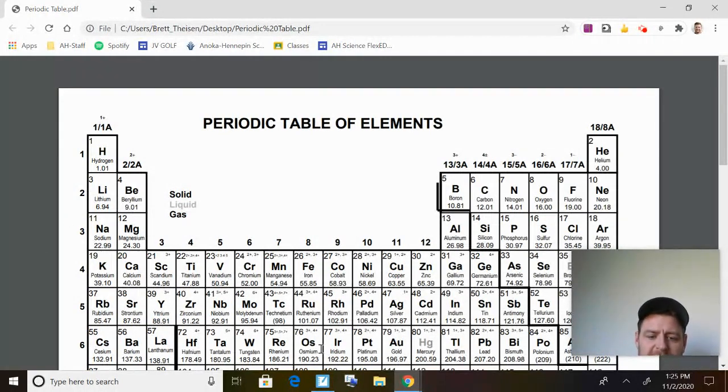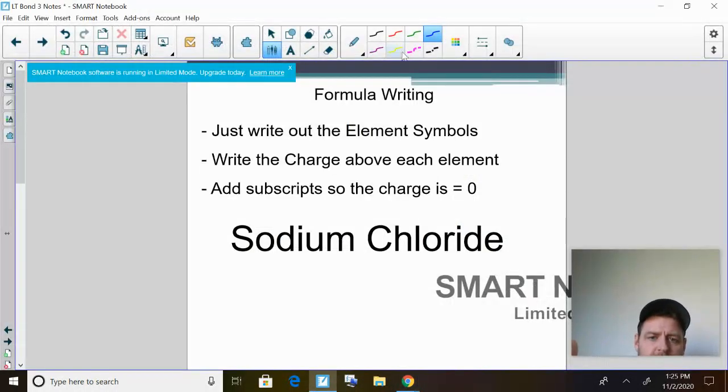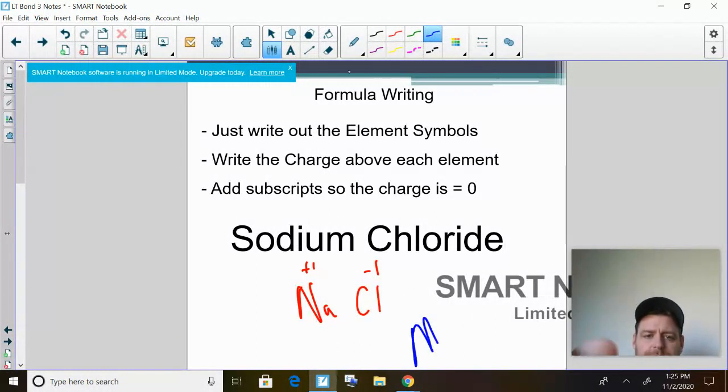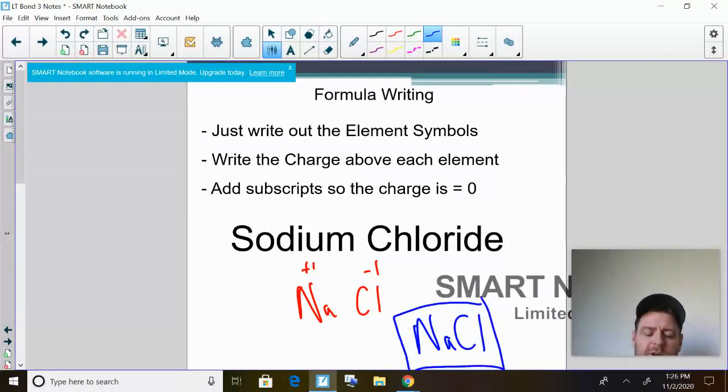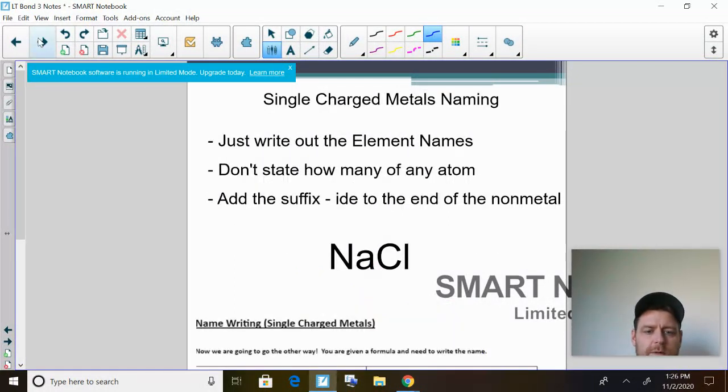So you always got to find what the charge is. If they're equal, we just leave it be. So the final answer is NaCl, just like we did on the last page. No need to crisscross. All right, let's do a couple more.